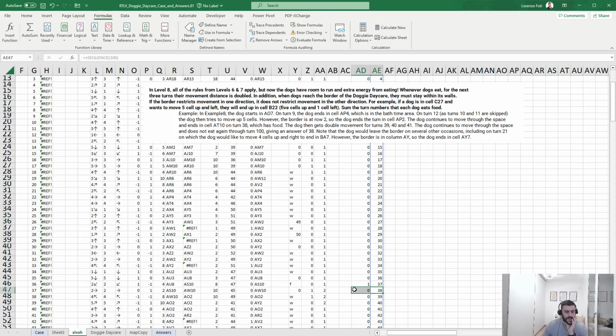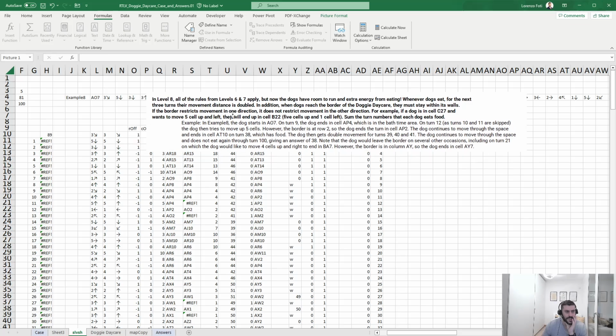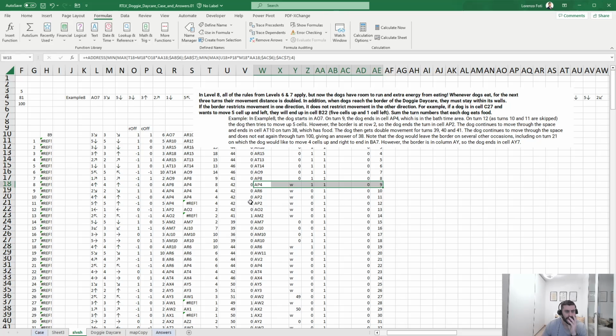Let's see if this is. No. On turn 9, that's completely wrong. AP4. Yeah, AP4 in turn 9. Okay. On turn 12, tries to move up and it goes in AP2. Yes.